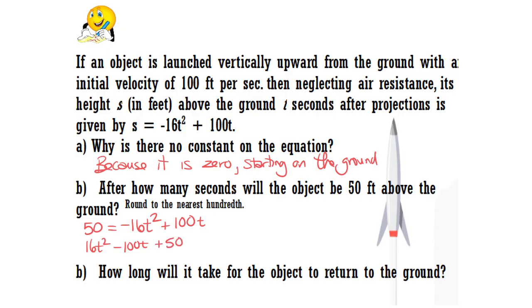The fact that it says round to the nearest hundredth is probably my clue that it doesn't come out nice. This maybe doesn't factor. I could, I guess, pull a 2 out just to make my numbers smaller when I do try to do this problem. And then I'm going to use that factored version to run through quadratic formula.